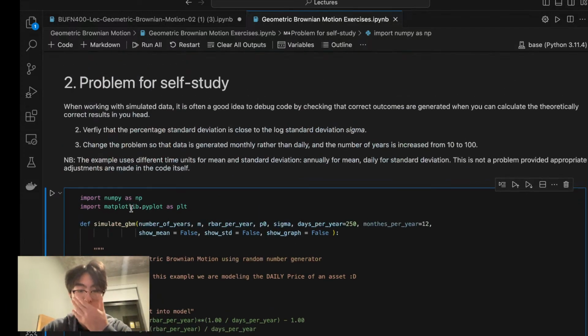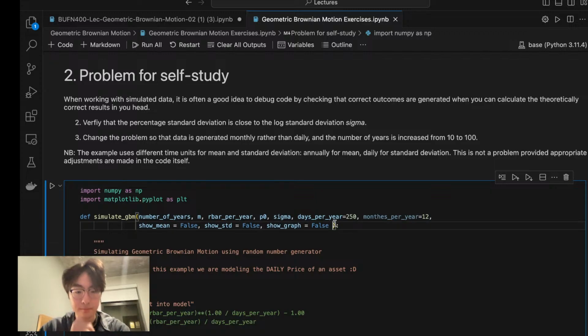Okay. Right, and then we want to show mean, show STD, show graph, and then compute daily or compute monthly. Okay, I guess we can simulate daily. Alright, that's a better word.